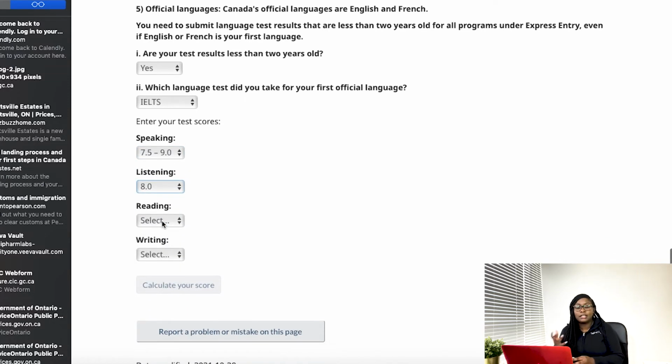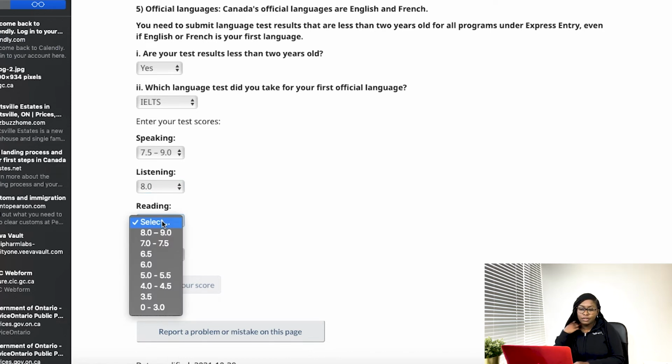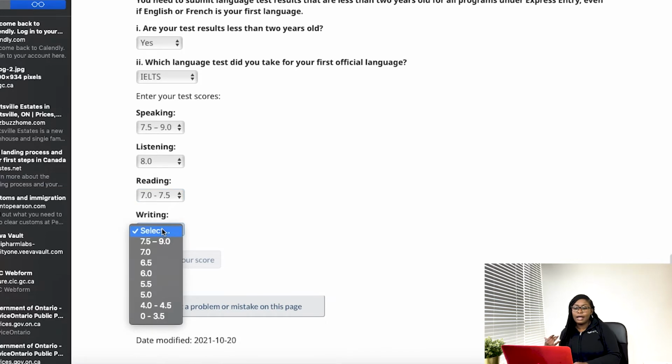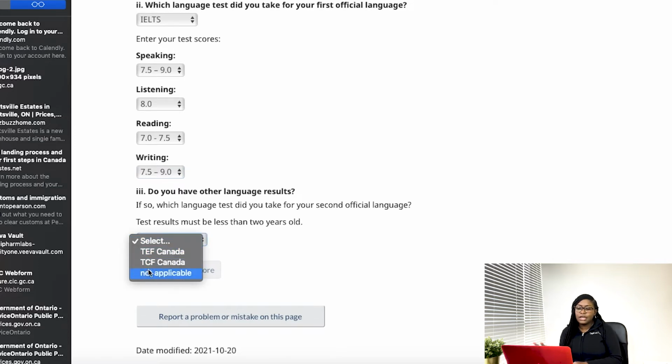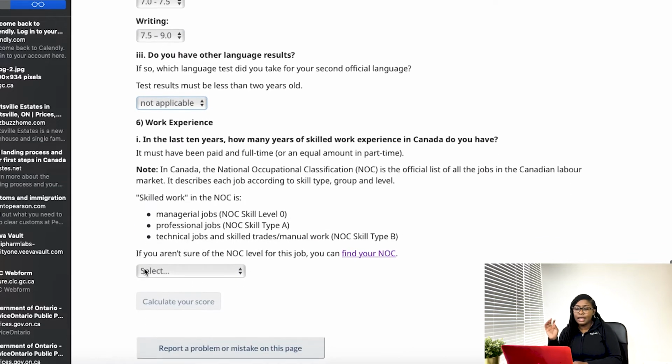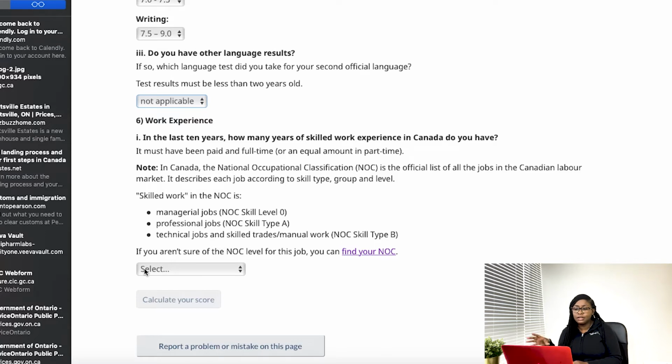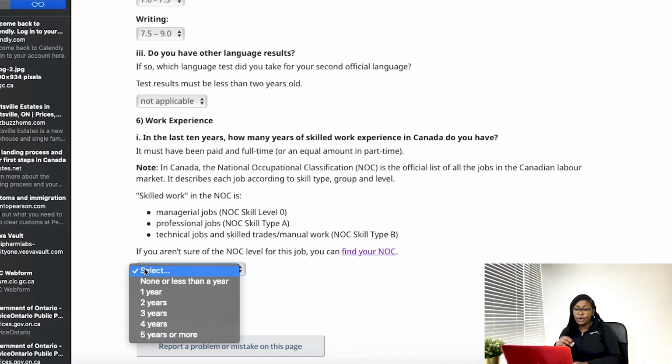You can get 8, that's fine. For the reading, I'm going to say 7 to 7.5. And for the writing, I'm going to say 7.5 to 9. I'll change those values towards the end once I generate the score, and you can see how it affects you. Did you do any other language? I'm going to say no. And then this is work experience in the last 10 years. How many years of skilled work experience in Canada do you have?